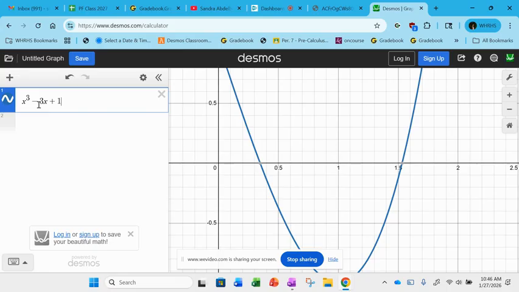Yes, interval from 1 to 2. Since I'm only looking on the interval from 1 to 2, do I care about this 0 right here? No. So I only want the interval from 1 to 2. And it says round, meaning you're going to get a decimal. That's okay. I'll let you give the decimal and round it to the nearest hundredth. So I'm going to look here, and the decimal we get is 1.53209.